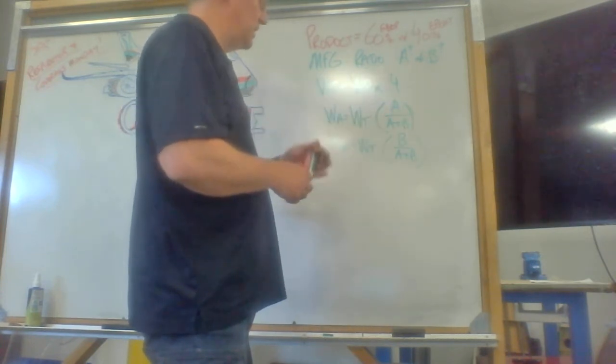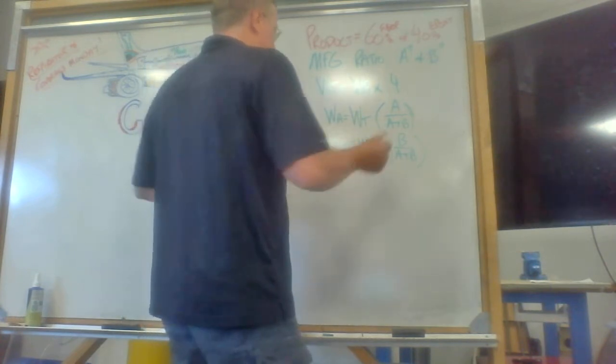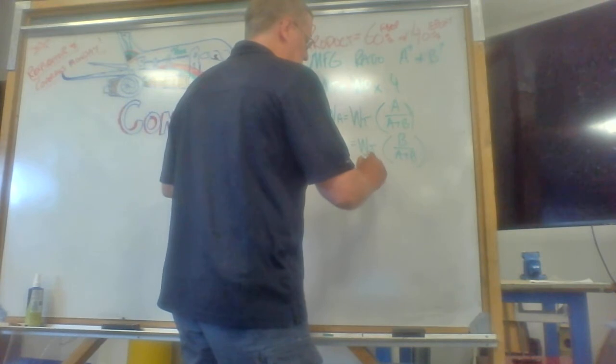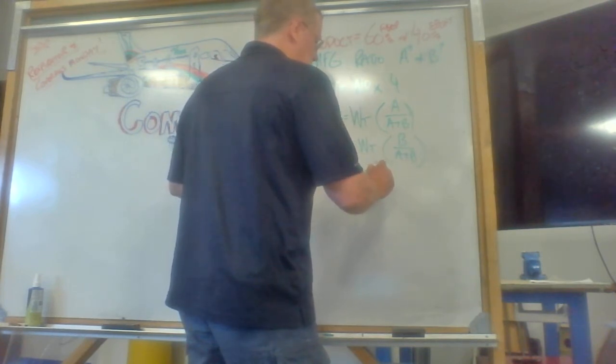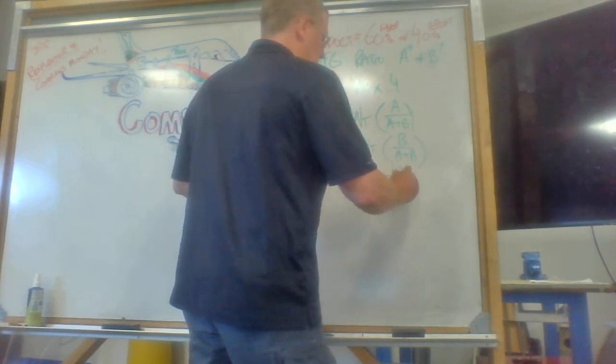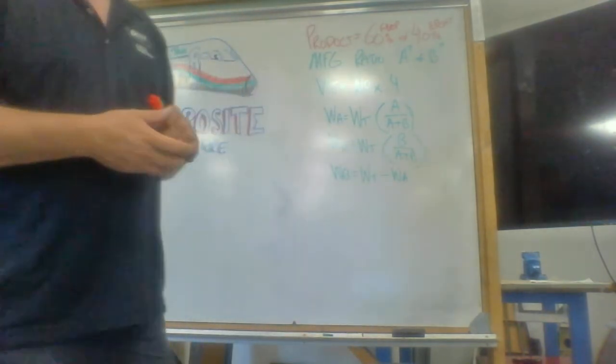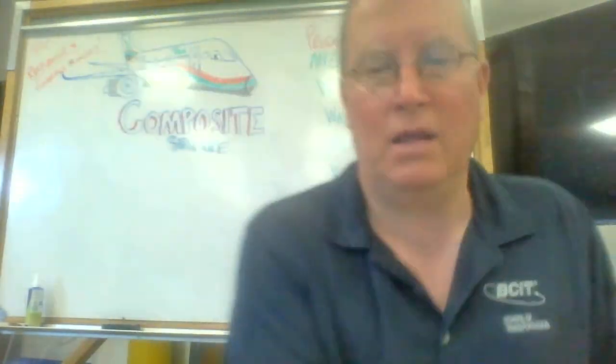So those are going to be our key formulas that we're going to use. And again, if you had to find B here, you could also go WT minus WA, and that would give you WB, right? And so those are going to be key factors in being able to punch through the information.